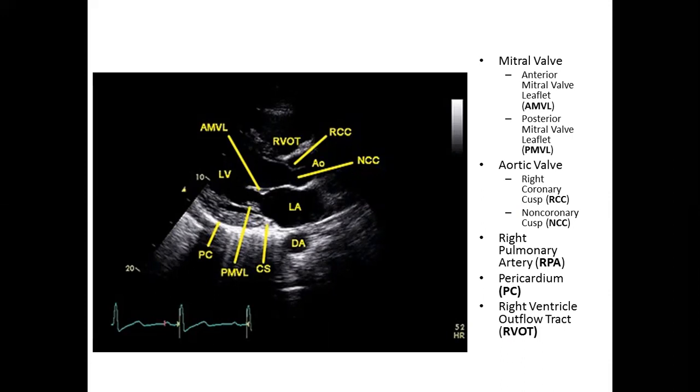For the student, I don't think that you need to know all of these abbreviations, but at least understand where we are. You may not notice that this is anterior leaflet or posterior leaflet or some aortic cusps. You don't actually need that much.